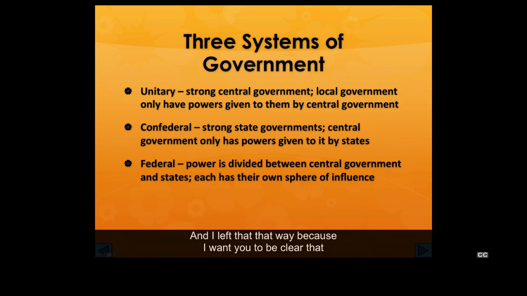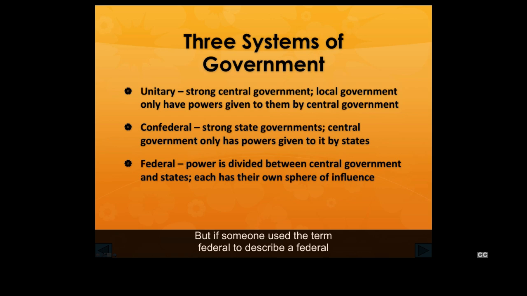And I left it that way because I want you to be clear that when people refer to federalism, sometimes they refer to it as a federal system of divided power. So again, you have to understand the context in which people are using these terms. Because if someone were talking about the federal government, or a federal branch of the government, then they would be talking about the national government.